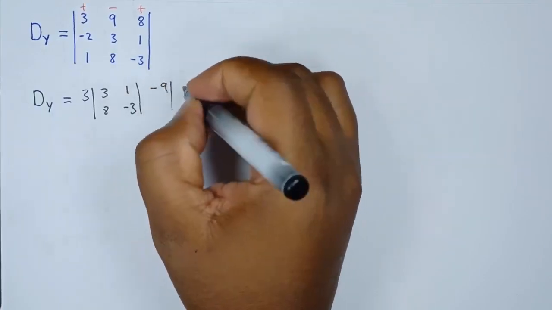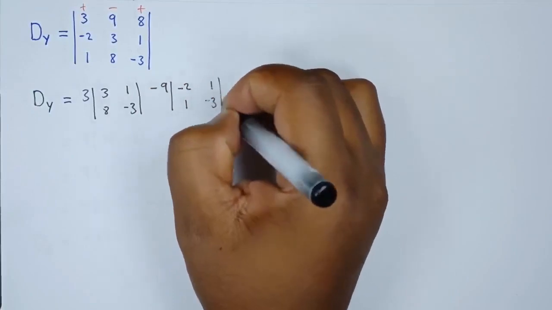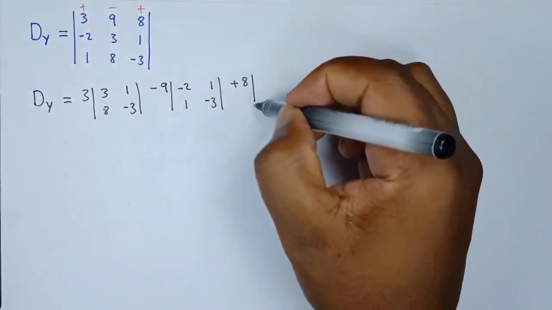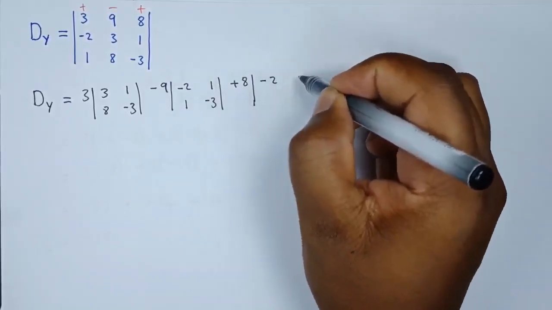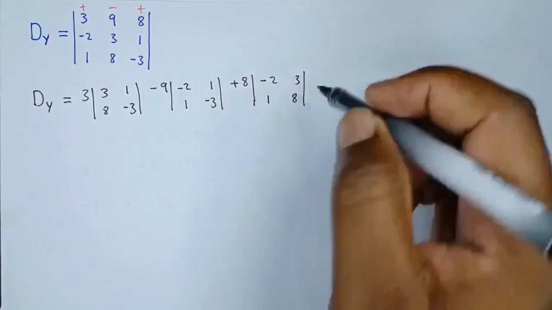The 2 by 2 formed will be negative 2, 1, 1, negative 3. And lastly, we have 8. And the 2 by 2 formed will be negative 2, 3, 1, and 8. So that's what we have.